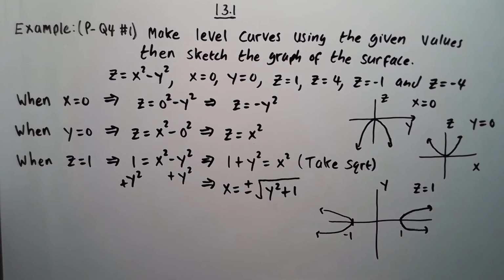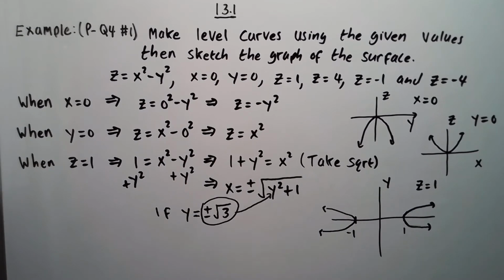So let me just explain how I got this. Let's stick in, say, plus or minus square root of 3 for y. So choosing y to be plus or minus square root of 3 up here, plugging it up here, let's see what we get for x.